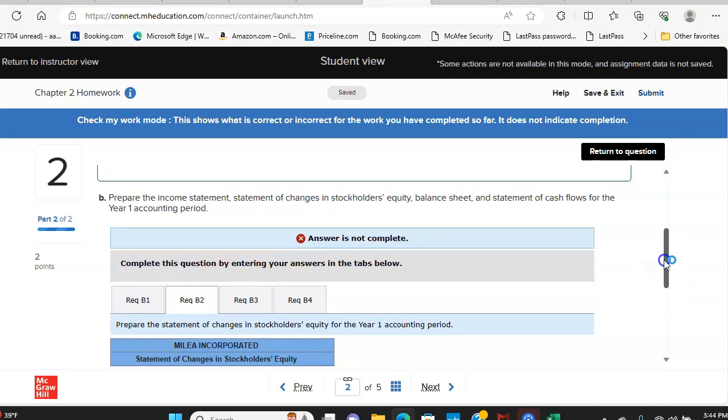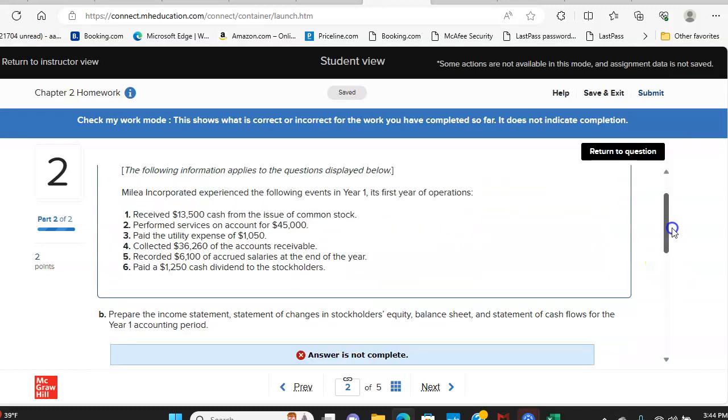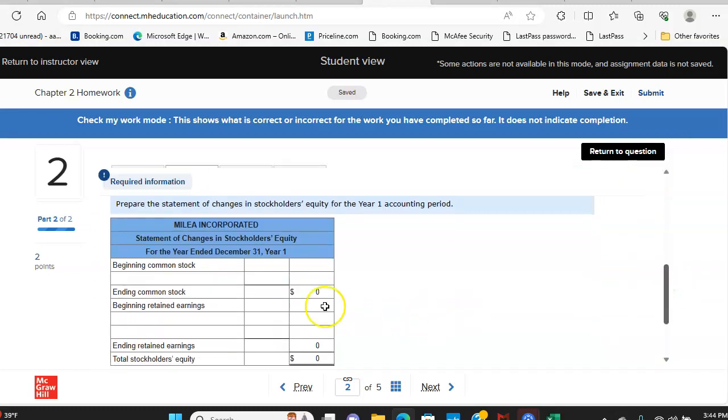So our heading is already there. This is our first year. Therefore, beginning common stock is going to be 0. I don't know why it's not letting me type in these boxes.